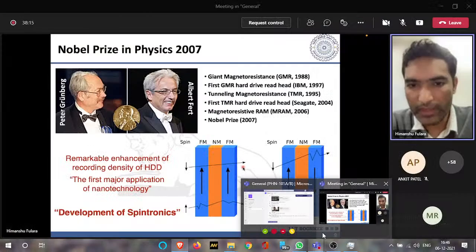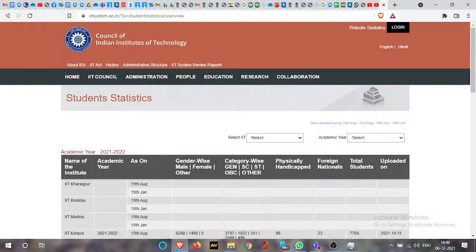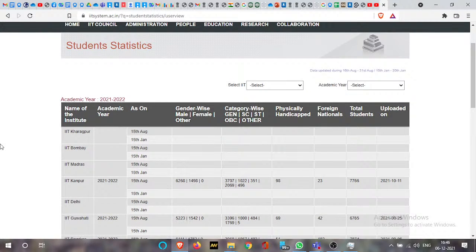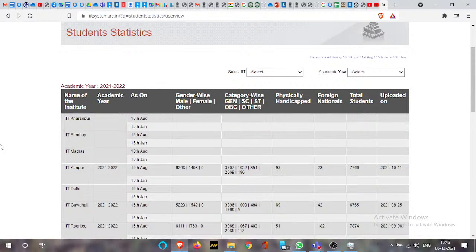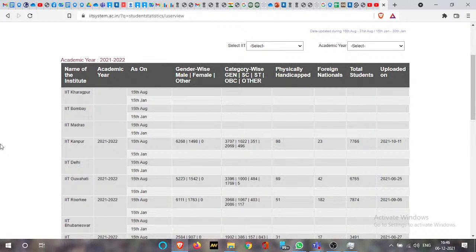And what happened because of this is that if you have a very large magnetoresistance in a thin film, then if you try to reduce the size of the thin film, your magnetoresistance still remains intact. So for example, let's say I have observed a magnetoresistance of 0.3% in this layer.